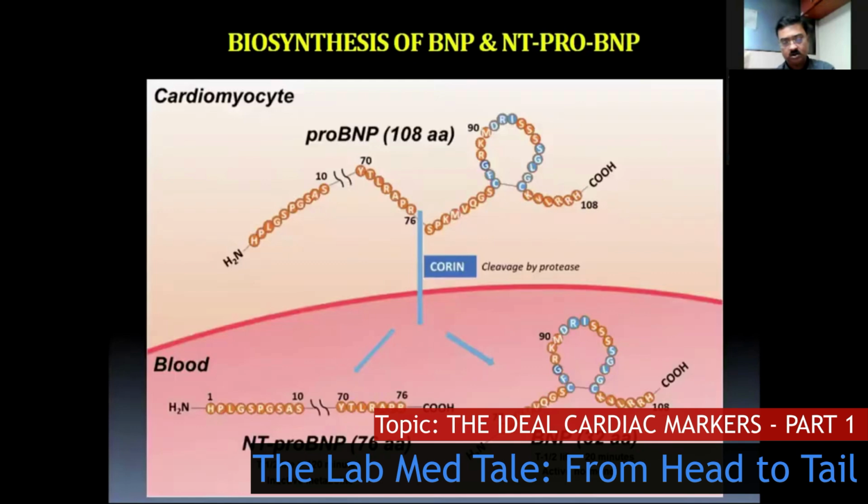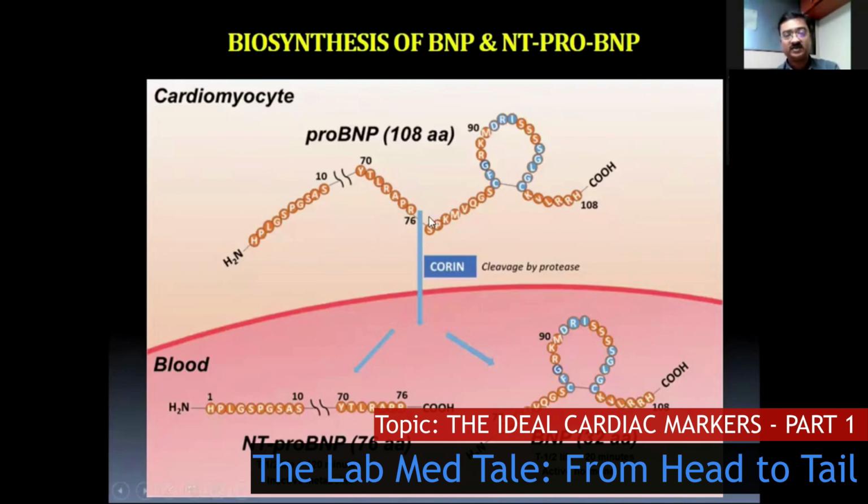Sometimes you may get confused about what NT-proBNP means. ProBNP is a 108 amino acid residue peptide.